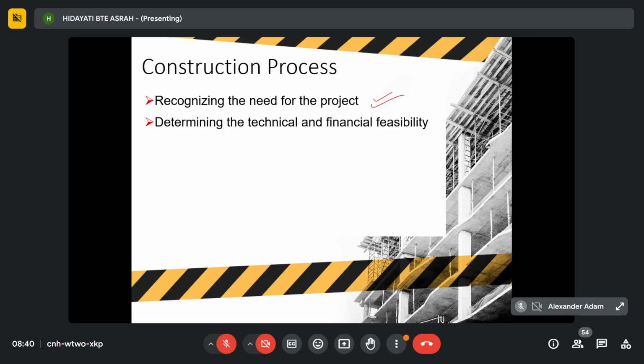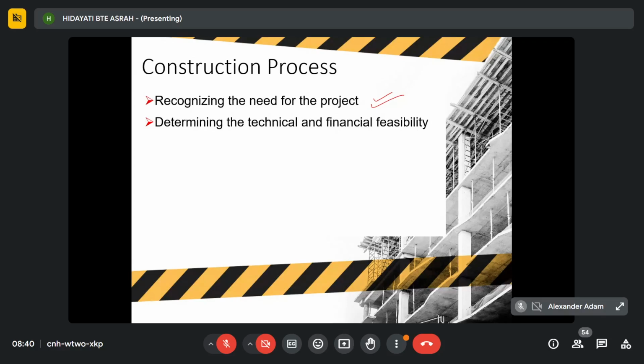For example, let's say a small school looking to expand or extend its campus. They might perform a feasibility study. They want to renovate the school to extend the classrooms, for example.